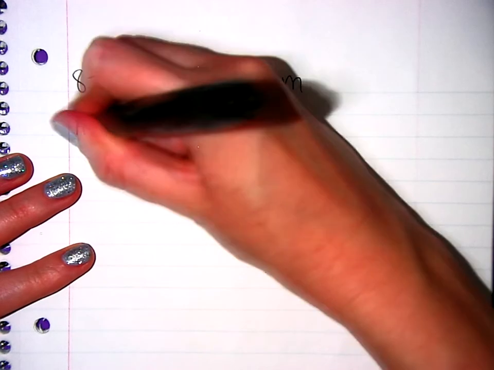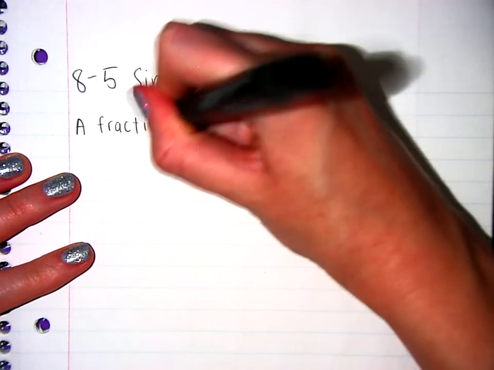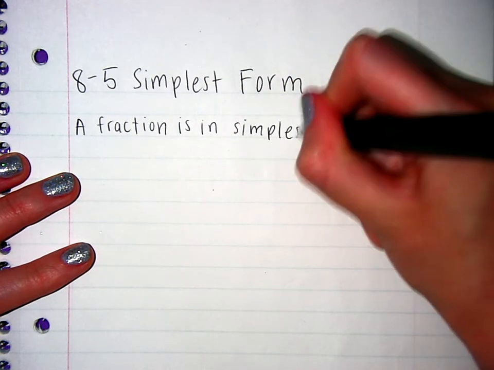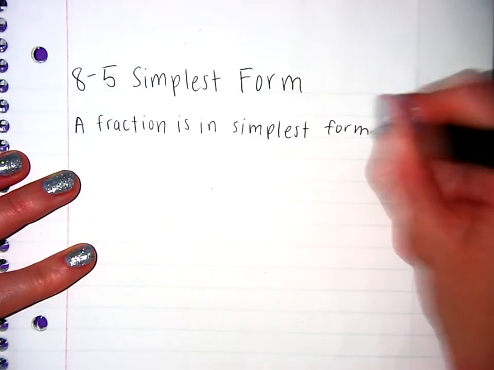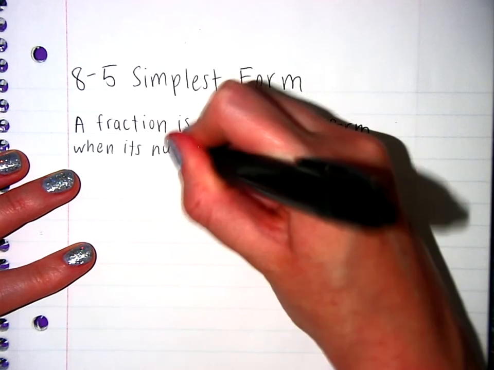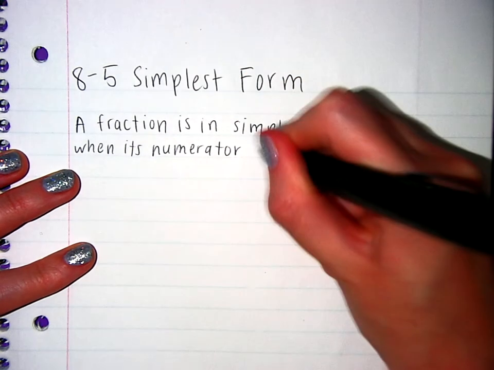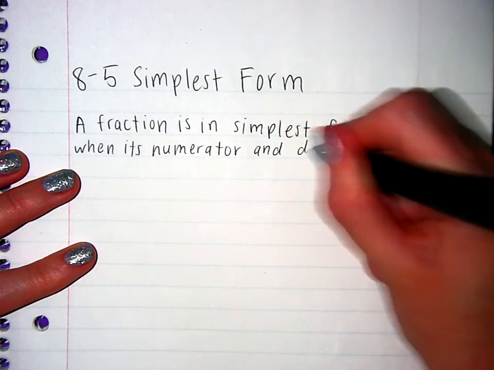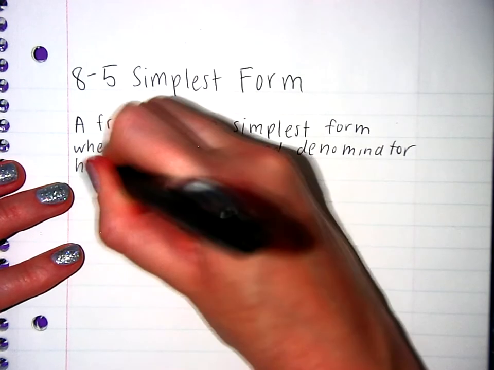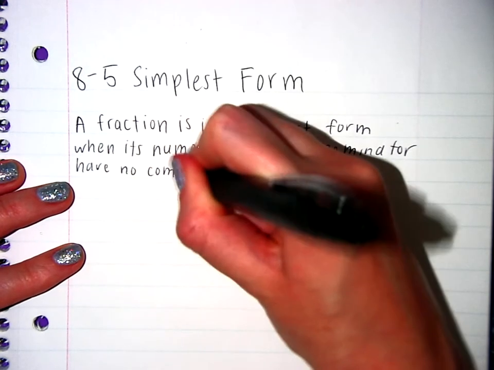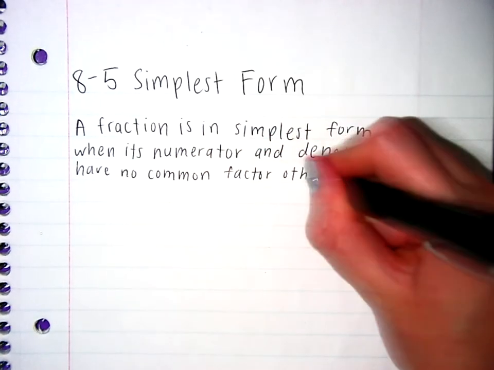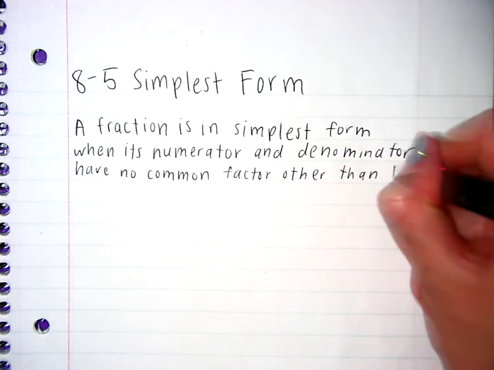So, a fraction is in simplest form when its numerator and denominator have no common factor other than 1.